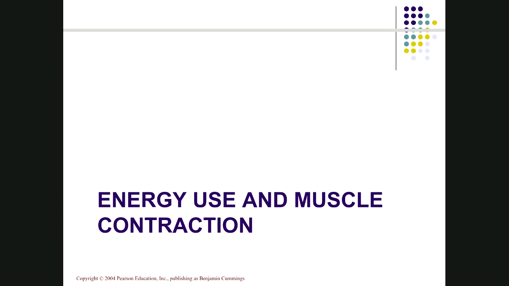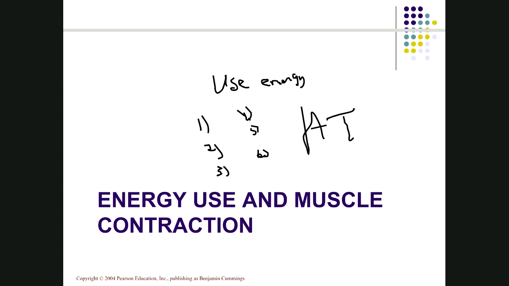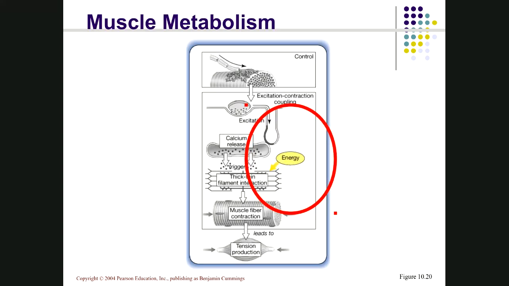The next thing is, remember we said muscles use energy. But think about the whole contraction cycle. We went through all those steps. The only molecule that had any energy in it was ATP. And ATP is the only energy source that can be used because that's the only thing that binds to the myosin head, just ATP.